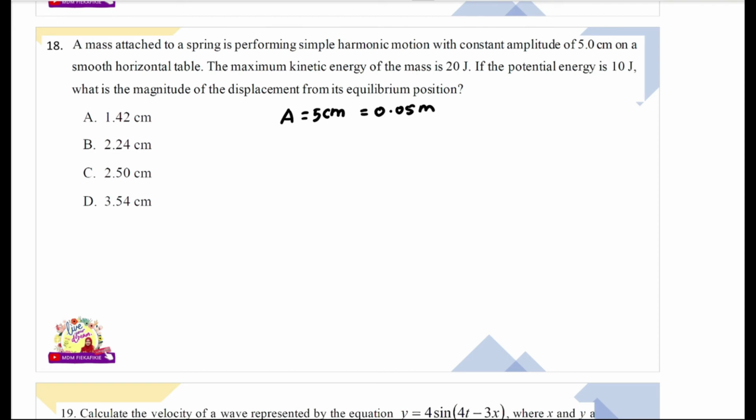The maximum kinetic energy of the mass is given: kinetic energy maximum is equal to 20 joule. If the potential energy is 10 joule, what is the magnitude of the displacement from its equilibrium position?